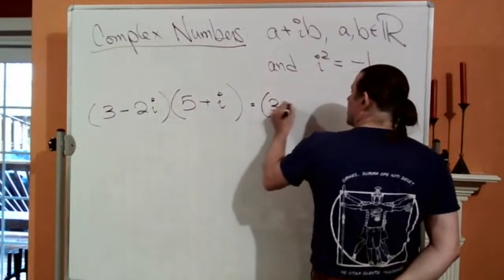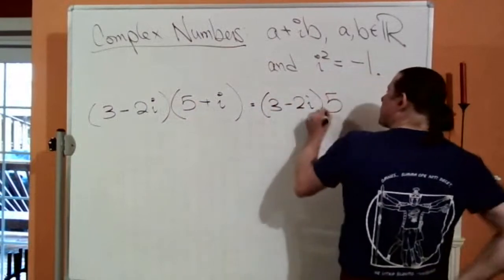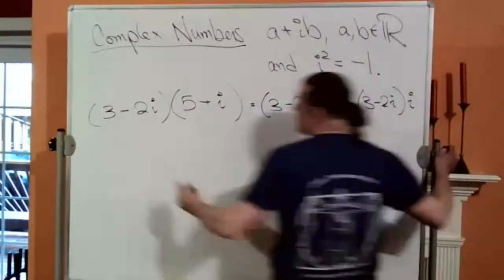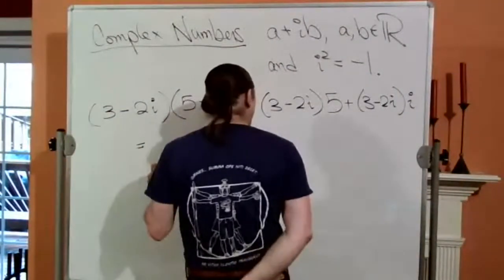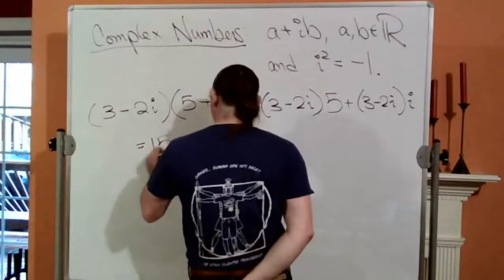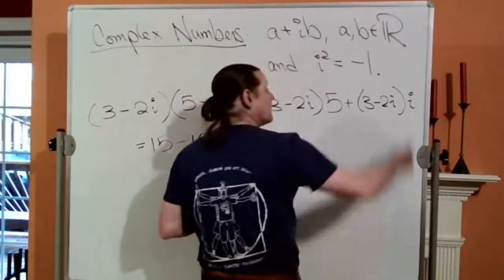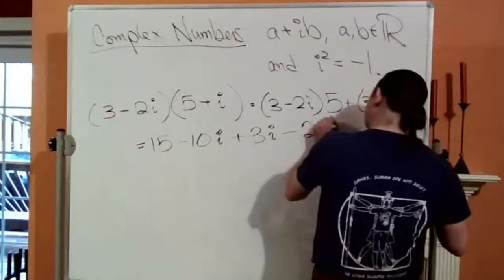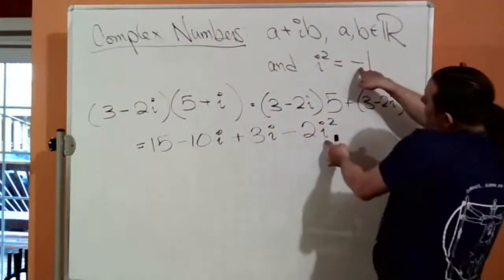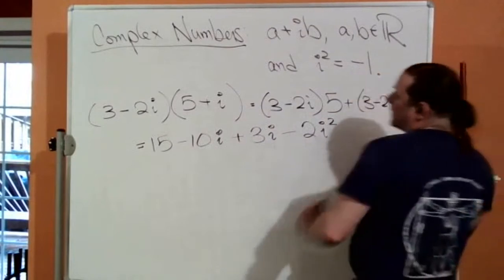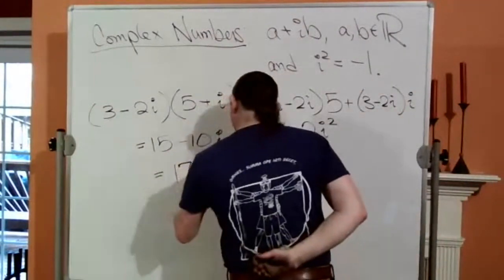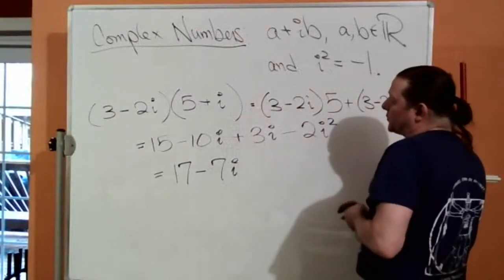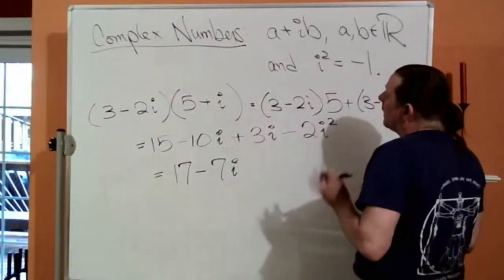So that allows us to write this as, then we'll use the distributive property again. And then we're going to use this additional property, all right, to complete the multiplication operation.